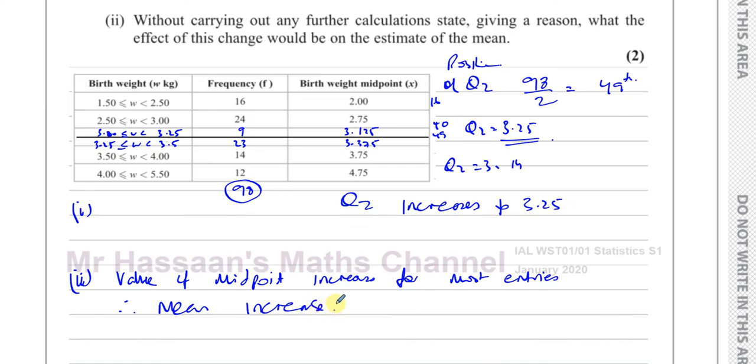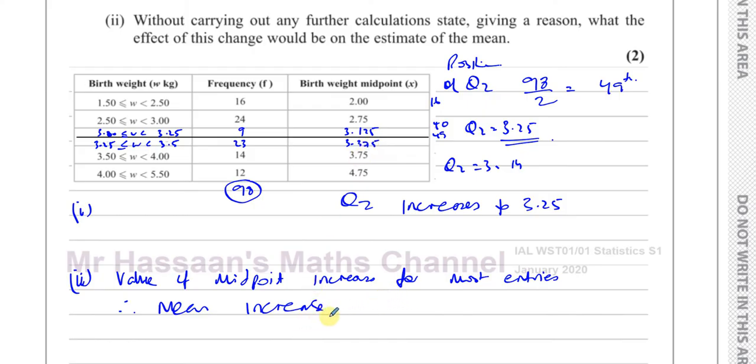Without doing a calculation, you can see that before, the midpoint between 3 and 3.5 was 3.25, and that was the mean. So you'd have 32 times 3.25. Now 9 of those values are multiplied by a lower value, but 23 of them are multiplied by a higher value, 3.375.